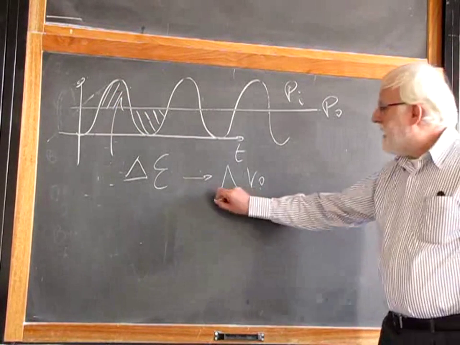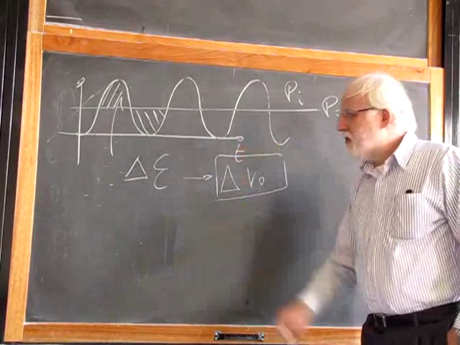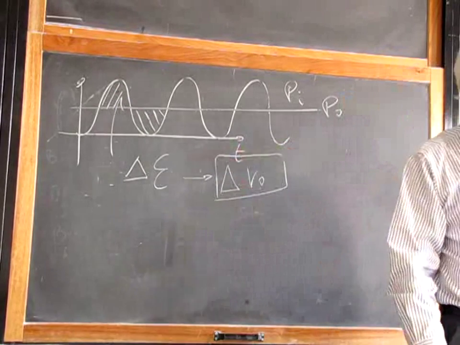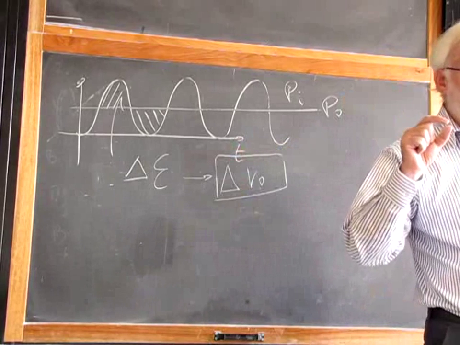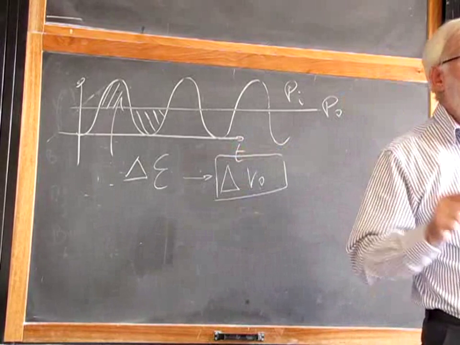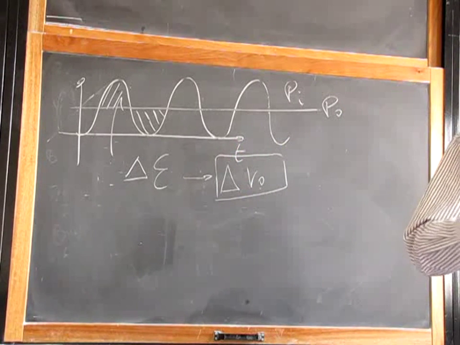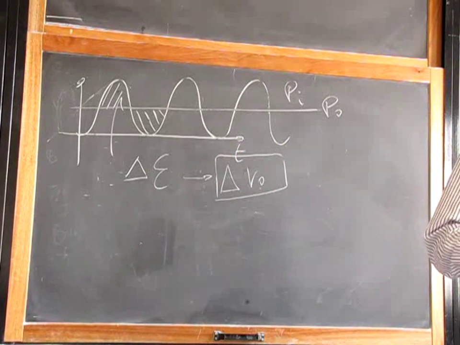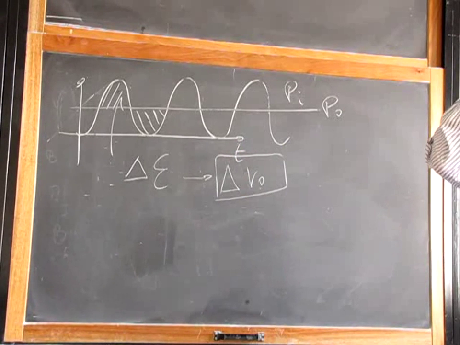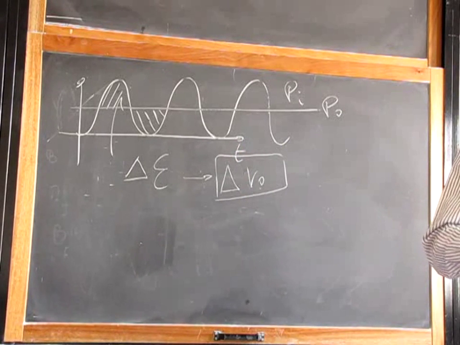I can impose what my output voltage ripple is. This time it is not a high frequency ripple, it's a 100 Hz ripple. And this ripple usually is taken in the range of 10% or less of the output voltage.